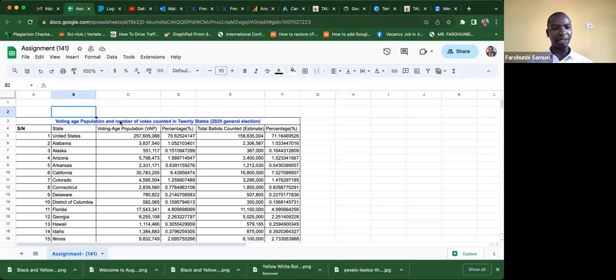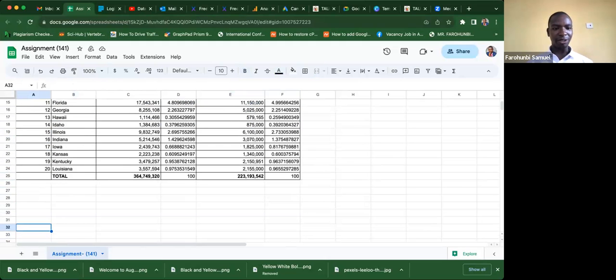Now the heading here says voting age population, so you can change it, and then you come down and add the footnotes so that anybody that sees it, that footnote may say data obtained from Google or data obtained from Google science data research or something, to show the source of what you are doing.